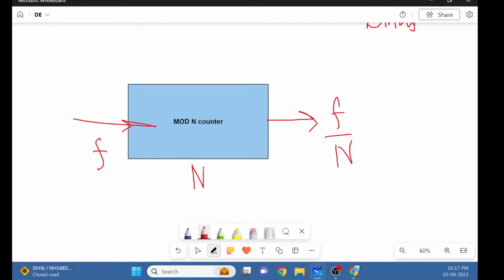Now there's a question for you. In this case, we have considered only one counter, mod n.